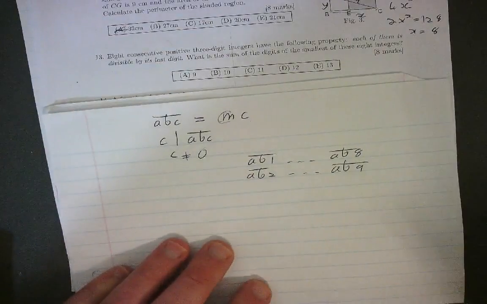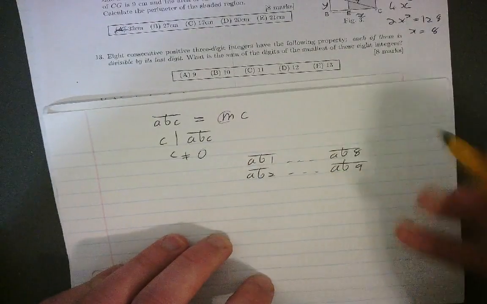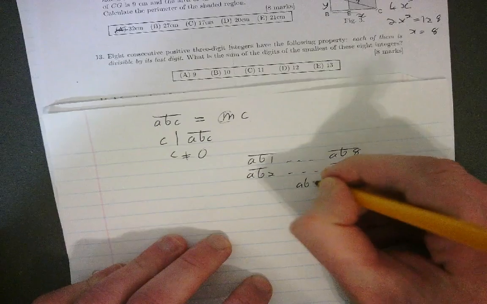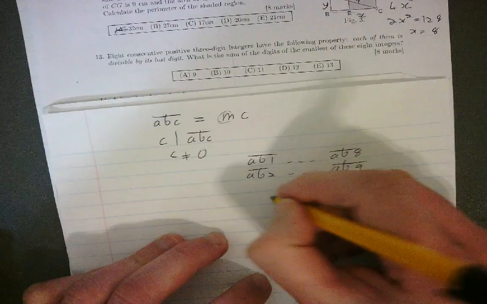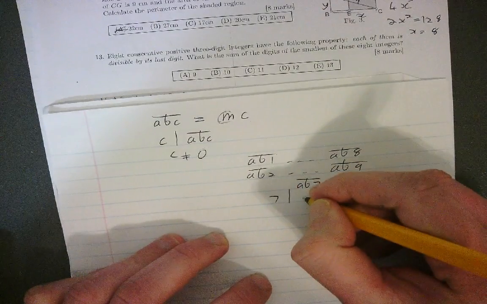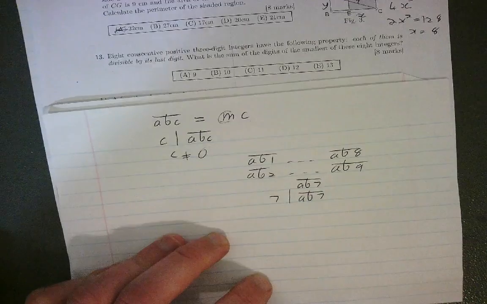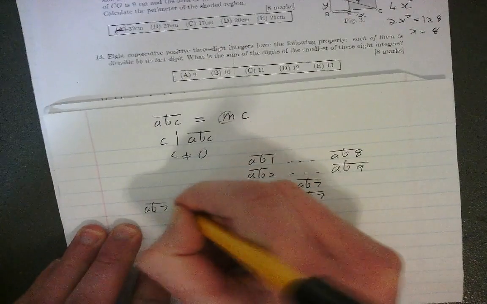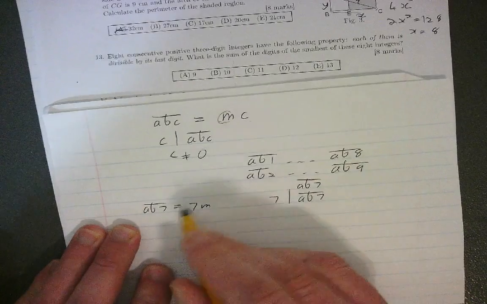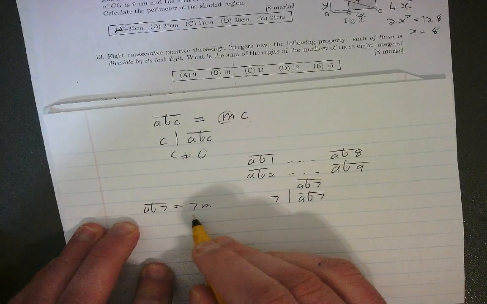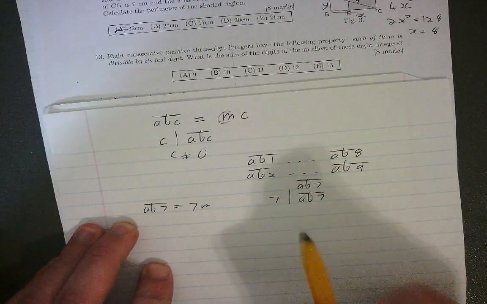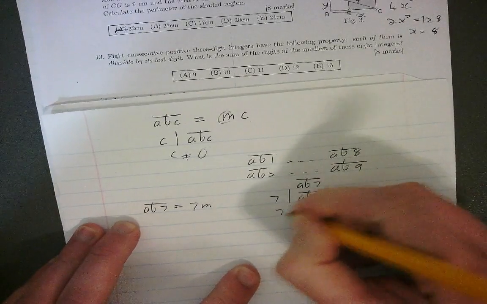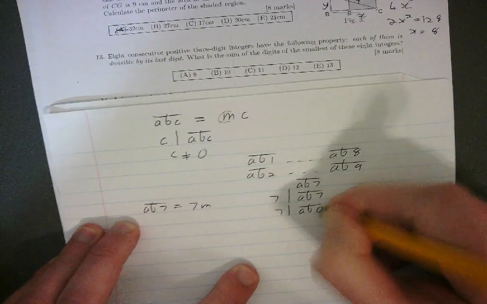Now, in either case, one of these numbers ends in a 7, so that means that 7 must divide into AB7. That's the same as saying that AB7 is some unknown multiple of 7. If this is a multiple of 7, I can subtract a 7 and it will remain a multiple of 7.